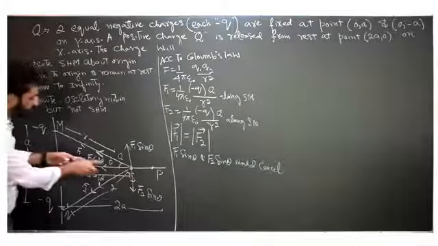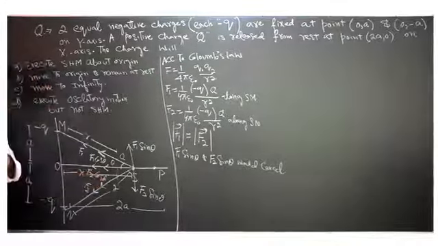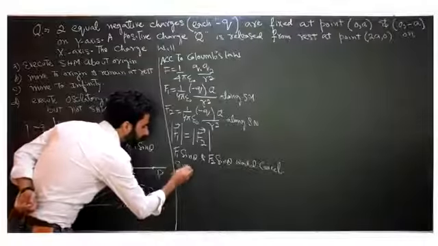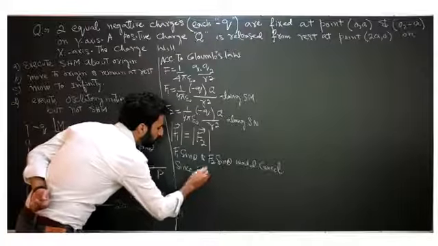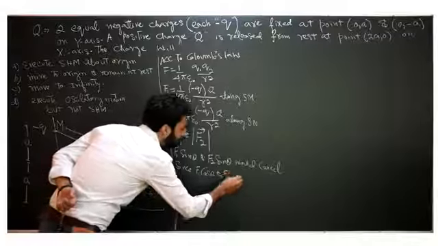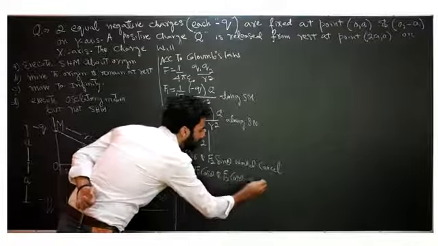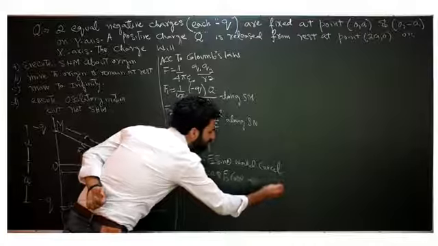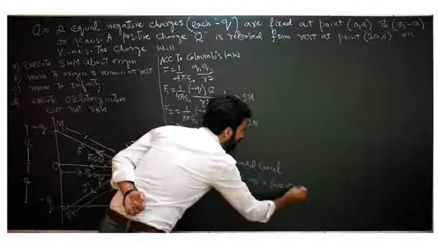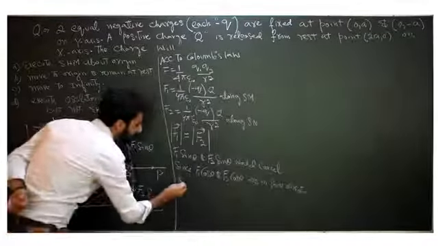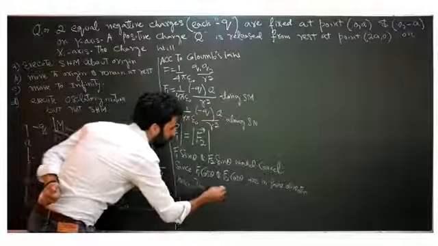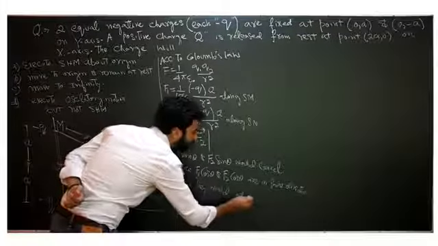And F1 cos theta and F2 cos theta are in the same direction. Since F1 cos theta and F2 cos theta are in the same direction, hence they would add up.